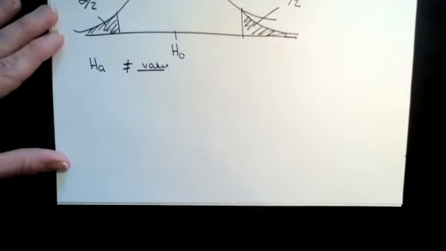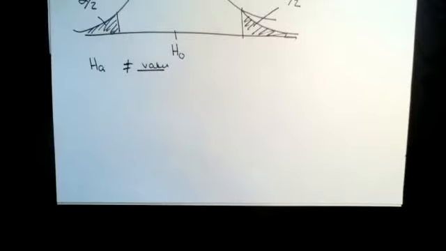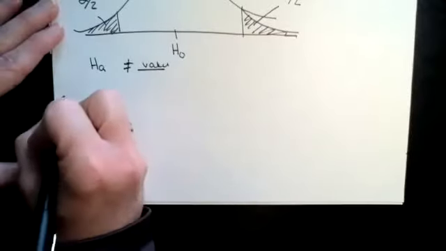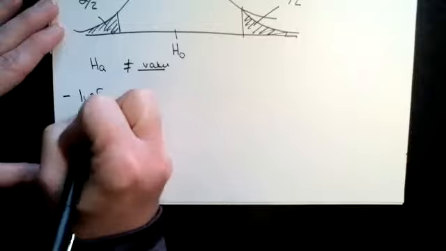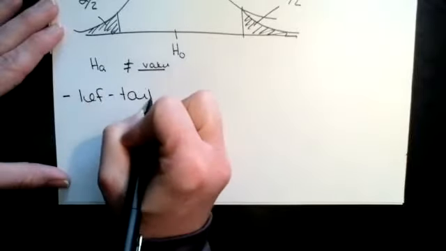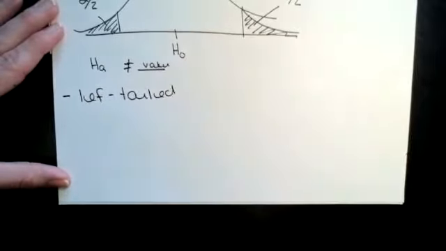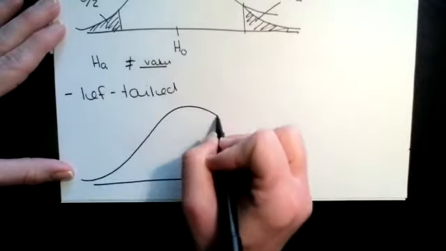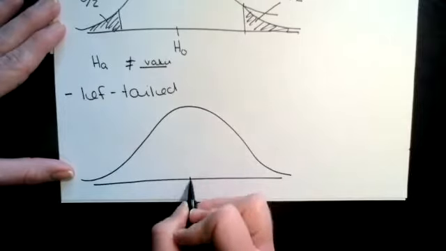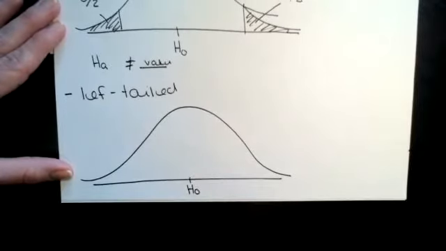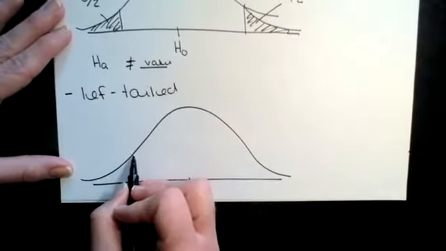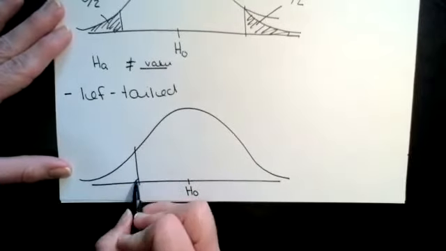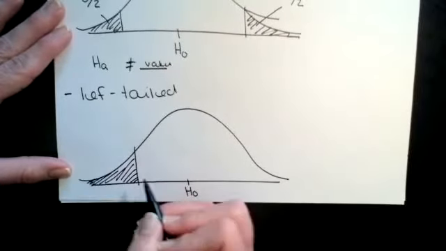Okay. So then the next one, we have our left-tailed. So you can imagine what this looks like. We have our normal curve. Again, the center is my null. My area is over here in the left, and that's my level of significance.